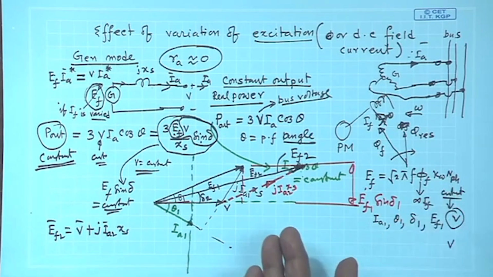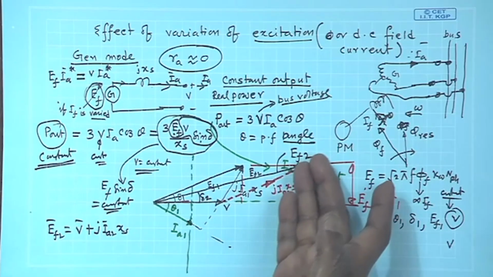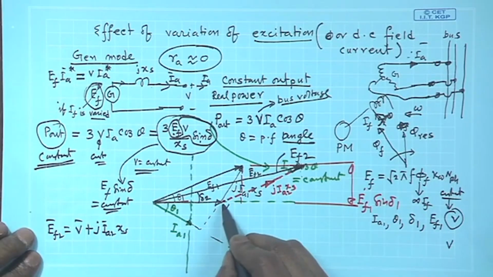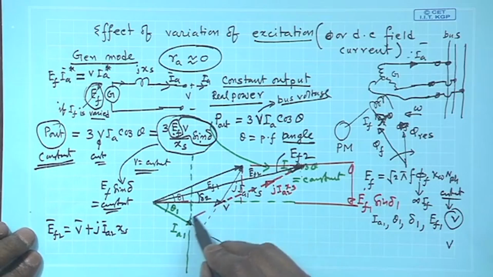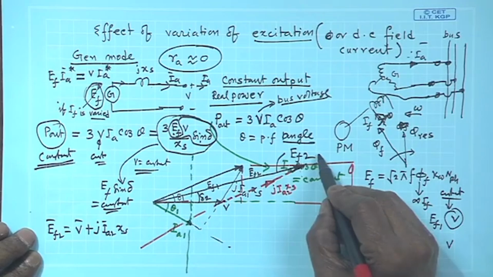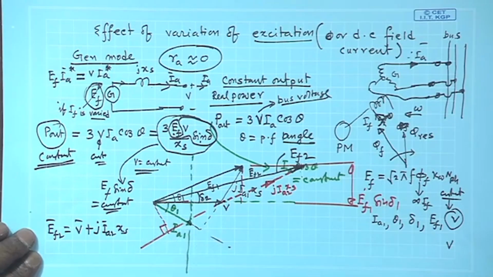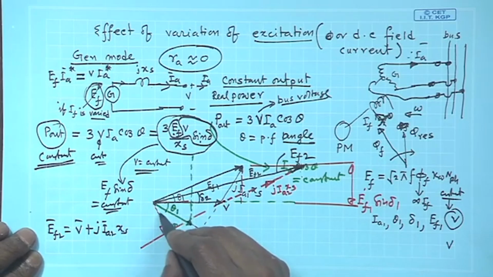X s is constant, j I a 2 x s I know, therefore I will be able to fix where my I a 2 will be. This is j I a 2 x s, therefore I a 2 must be perpendicular to this, this must be the direction of I a 2.